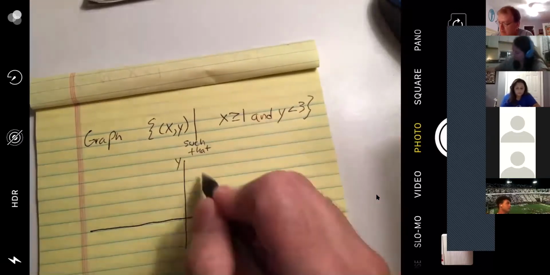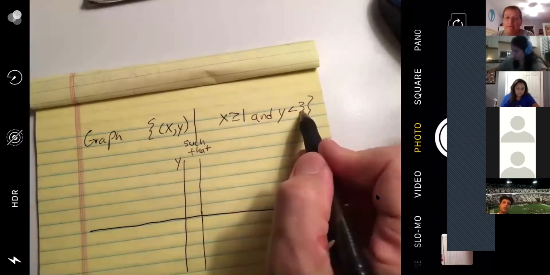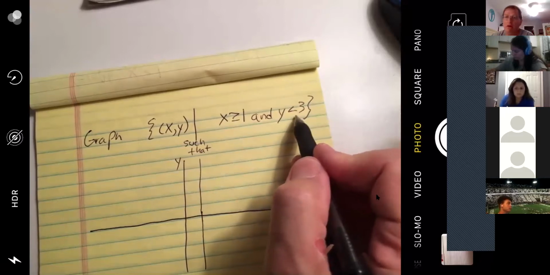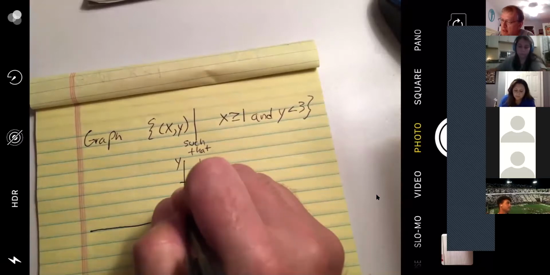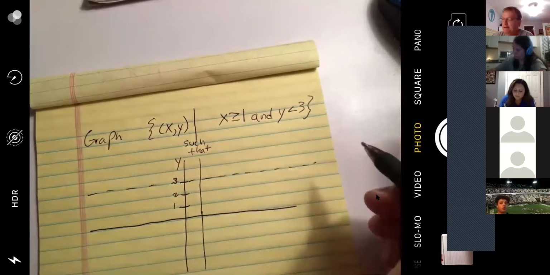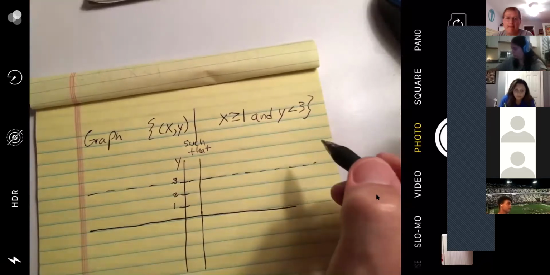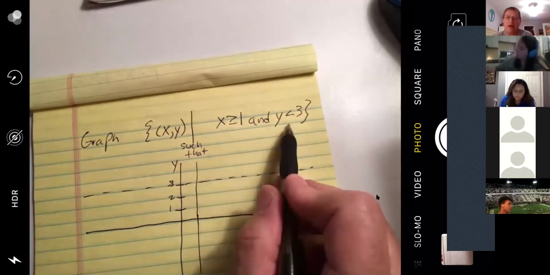Make a solid vertical at 1. We're going to find y equals 3, but we're going to dash it because there's no or equal. So 1, 2, 3, and we dash that. That's why you have to pay real attention to whether you have the or equal or you don't.